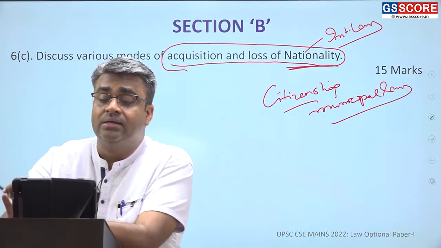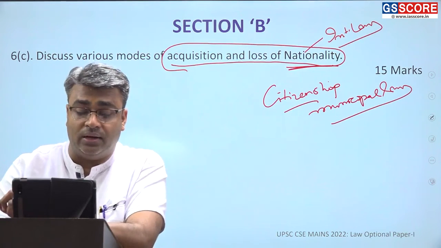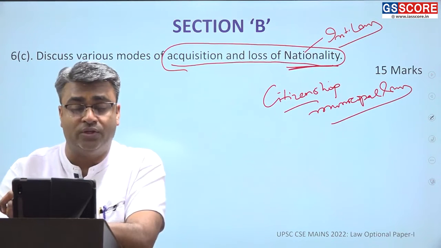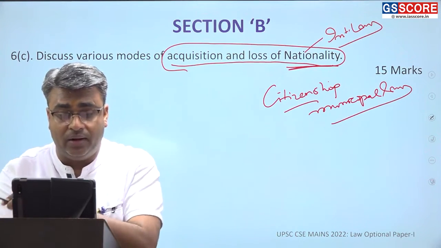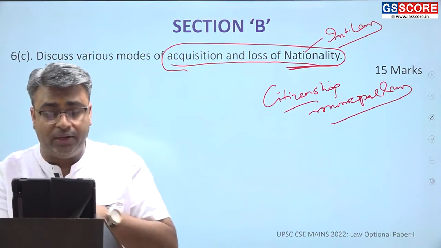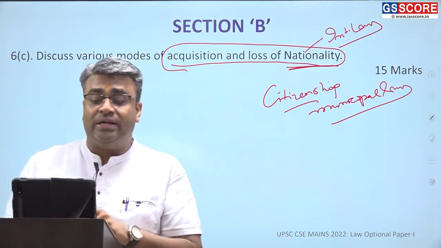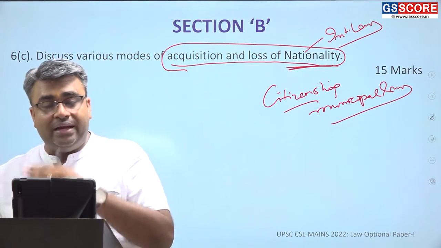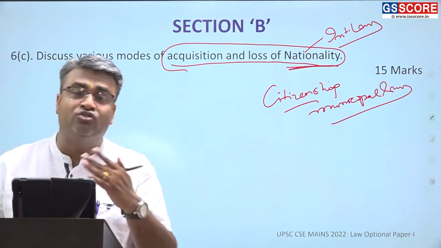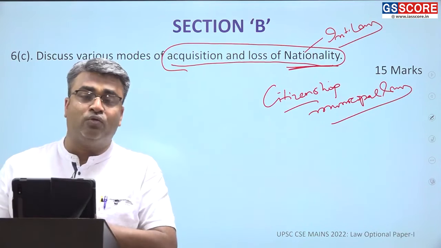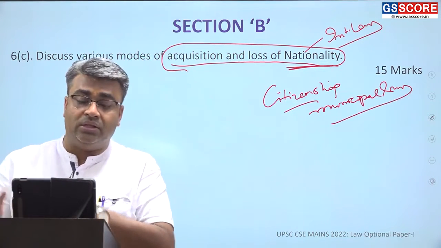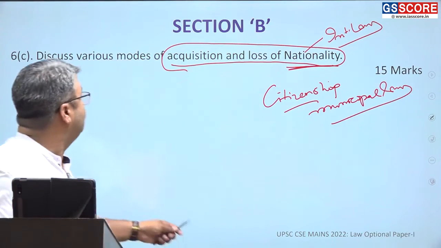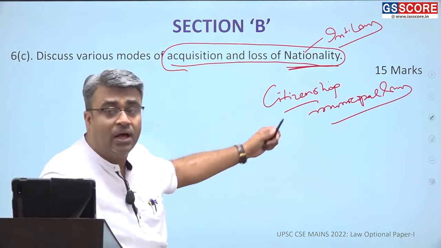How do you acquire citizenship in our country? Just mention those provisions. For example, acquisition of citizenship in our country is by birth, by descent, by incorporation of territory, by registration, by naturalization, or by special provisions under the Assam Accord. These are the provisions of acquisition of citizenship in our country.